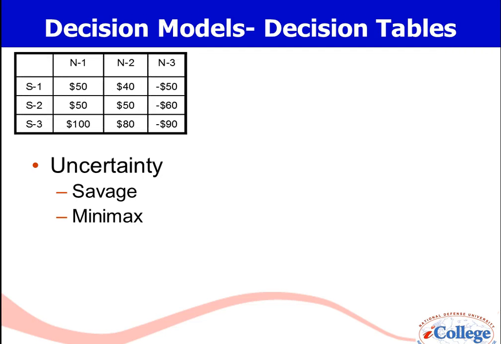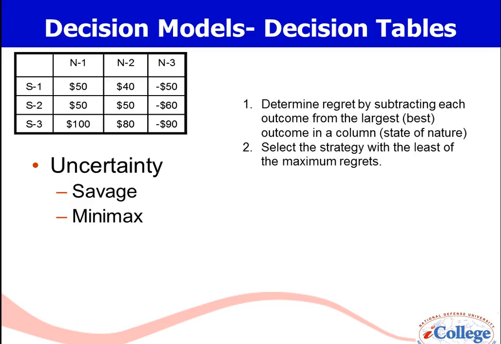We'll start with the original decision table from the previous problems. But now we're going to determine regret by subtracting each outcome from the largest or best outcome in a particular column, or state of nature, and then select the strategy with the least of the maximum regrets.